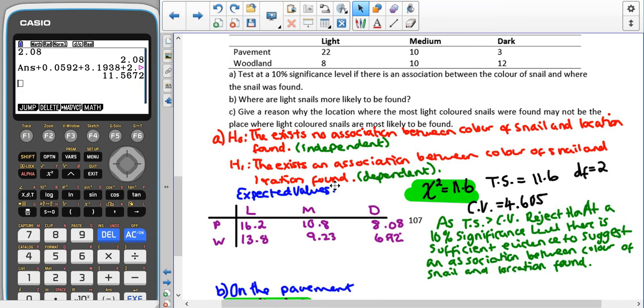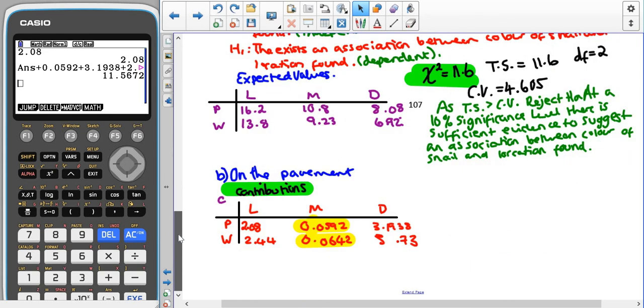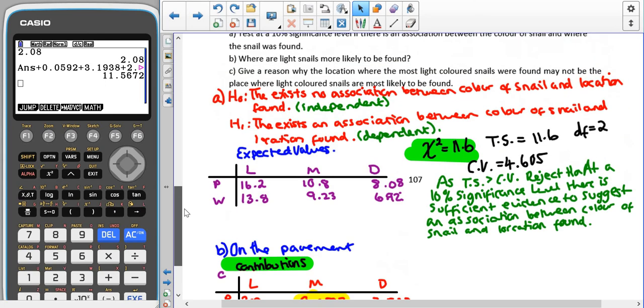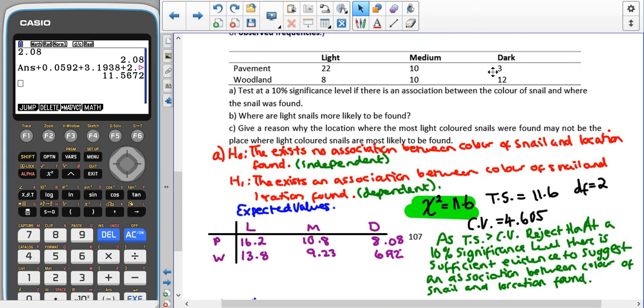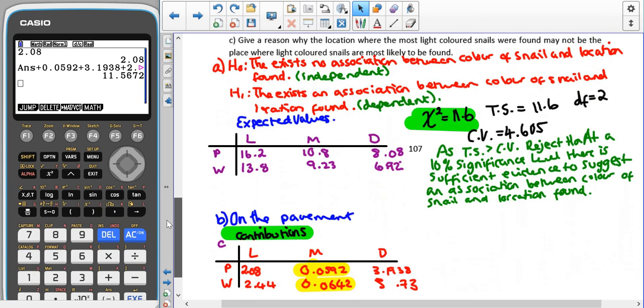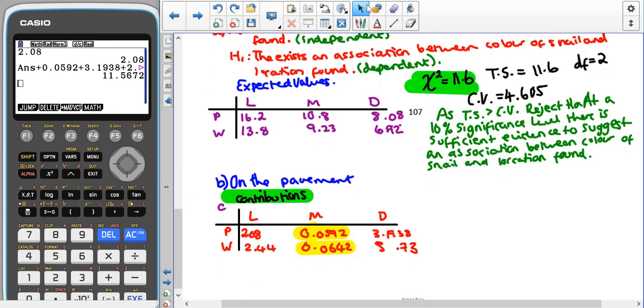So we weren't expecting those to give us a big contribution because they weren't really being altered. However, if we have a look here at the dark ones, they are the biggest contributors. And that was me pointing out that 8.08 is a lot more than the 3 than we actually found. And we were expecting to find 6.92 dark in the woodlands, but we found a lot more than that in reality.